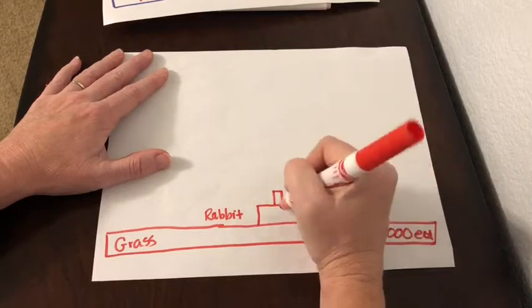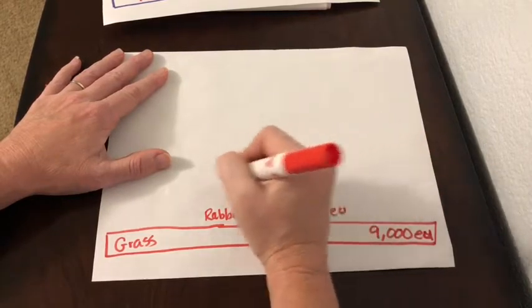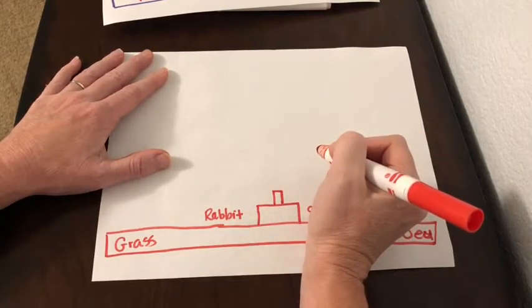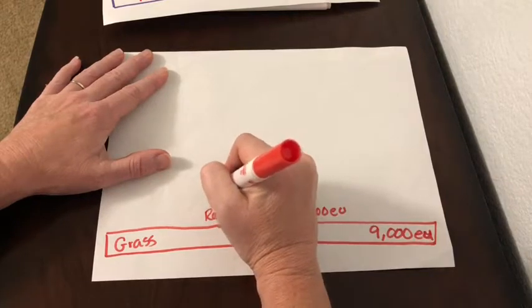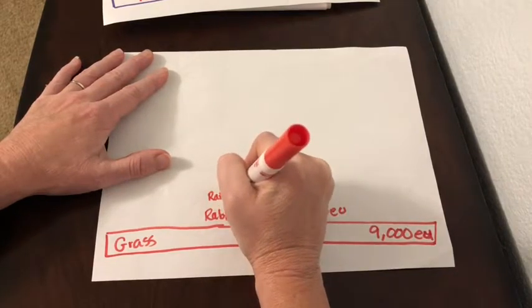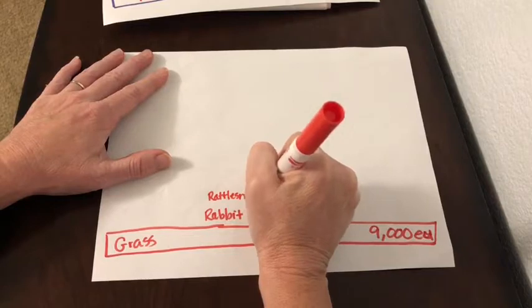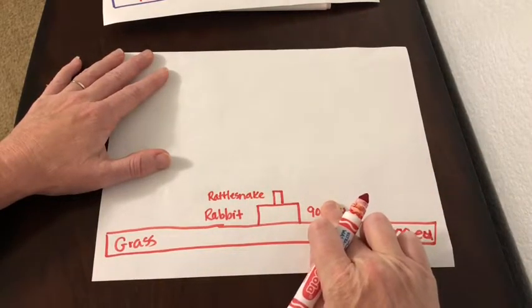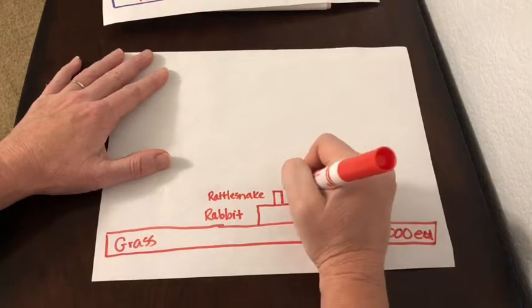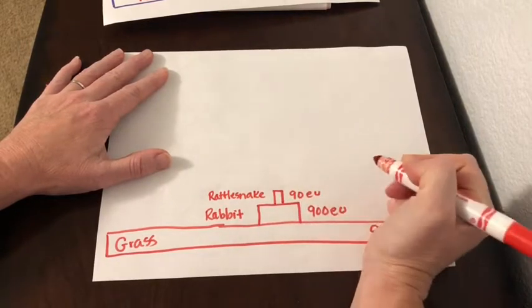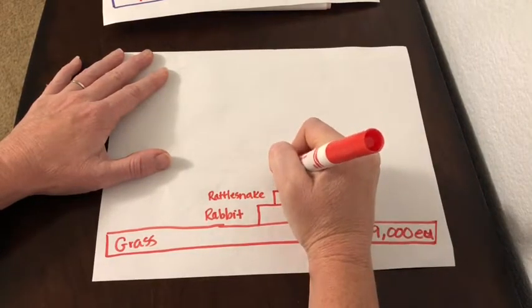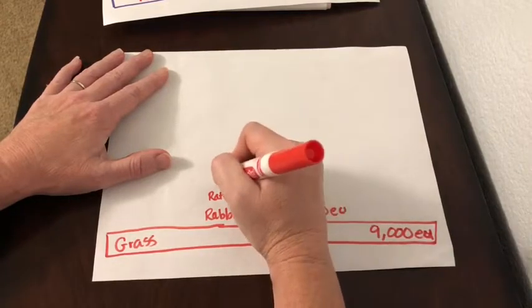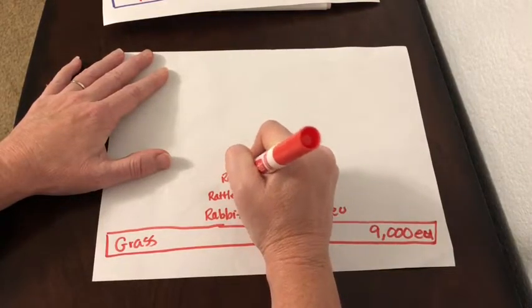What should eat the rabbit? Oh, that's way bigger than 10%, but we're going to say it is a rattlesnake. And what's left? When you take off a 0, there's only 90 left energy units. And what eats the rattlesnake? We're going to say a red-tailed hawk.